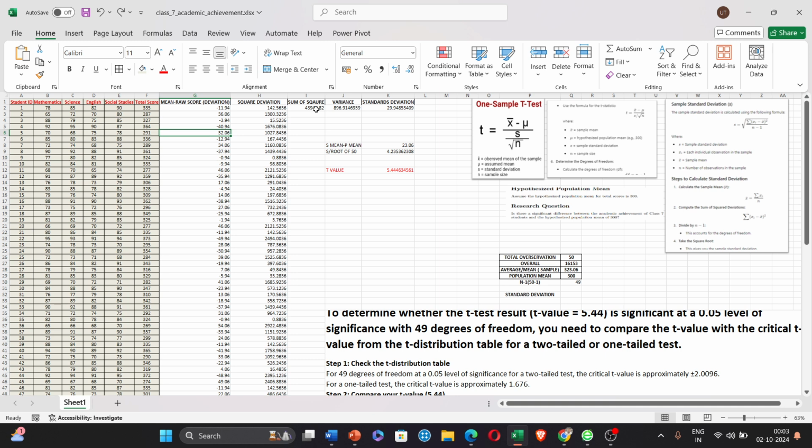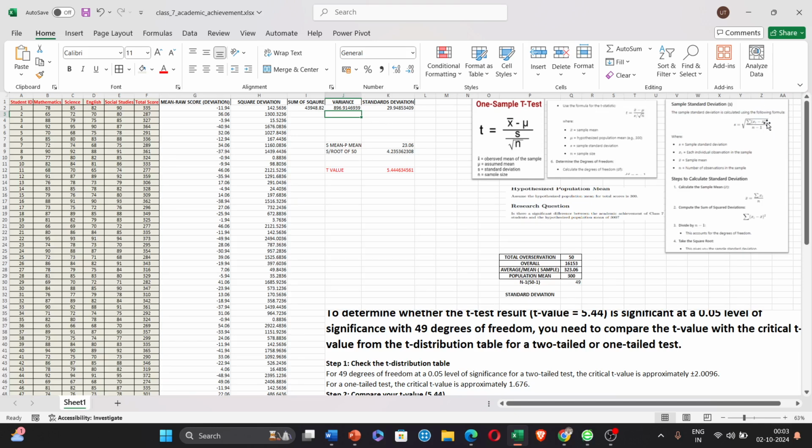Again, this is the sum of squares. Then I have to go for the root. First I do the minus, then I square it, because the square is written.